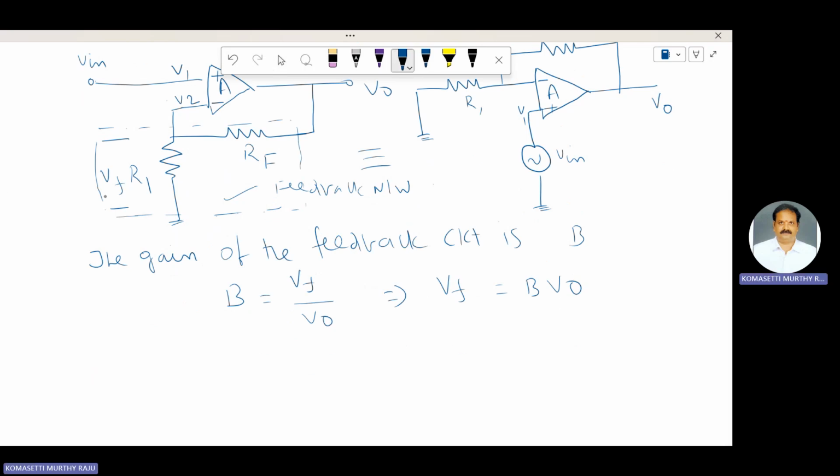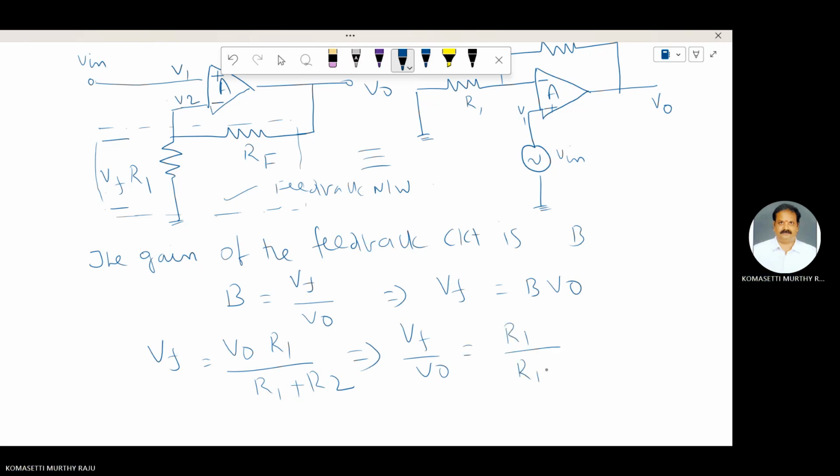Find out the Vf voltage. According to the voltage division rule, Vf is equal to the total voltage applied to this feedback circuit, V0, into this resistance R1 by R1 plus RF. From this, Vf by V0 is equal to R1 by R1 plus RF.